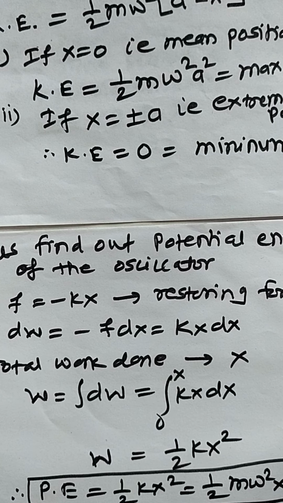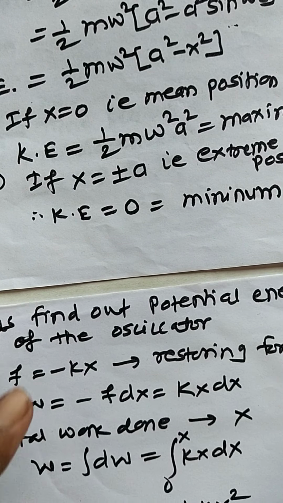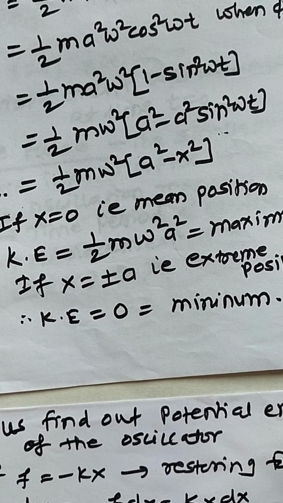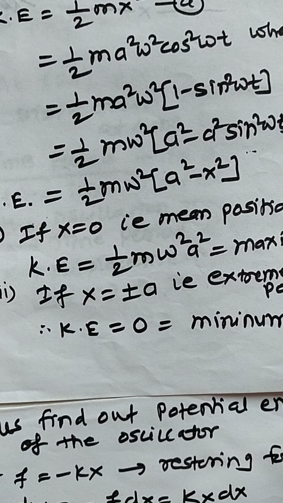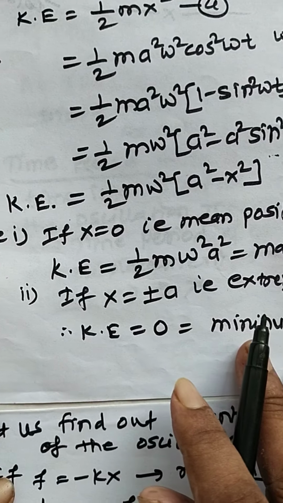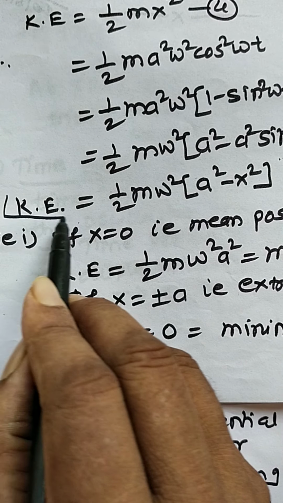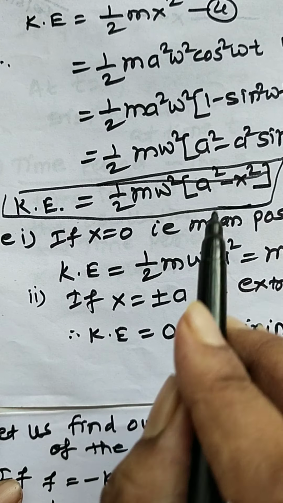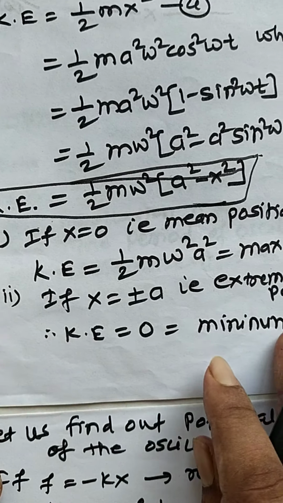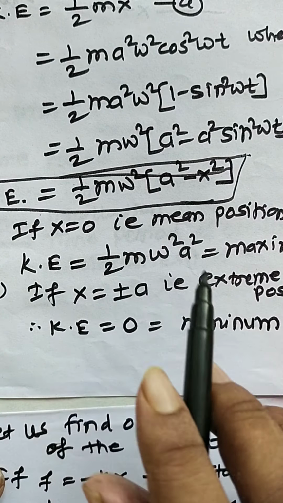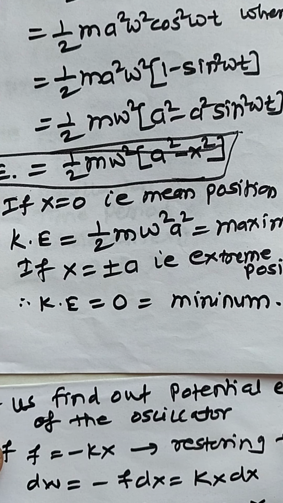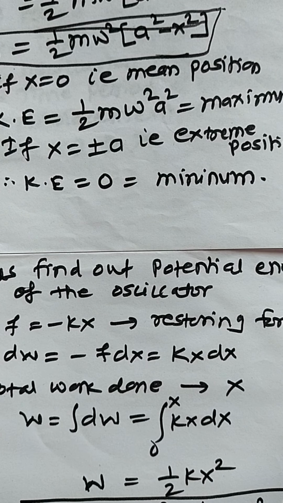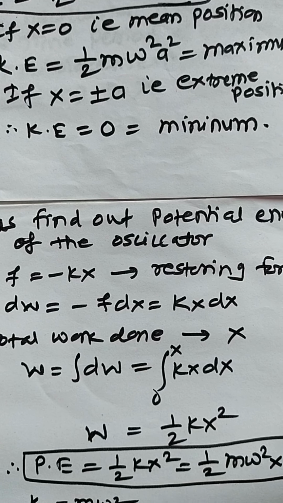This is the value of the potential energy, and in the previous discussion, this is the expression for the kinetic energy, 1/2 m omega square (a square minus x square), and this is the potential energy, 1/2 kx square, or 1/2 m omega square x square.